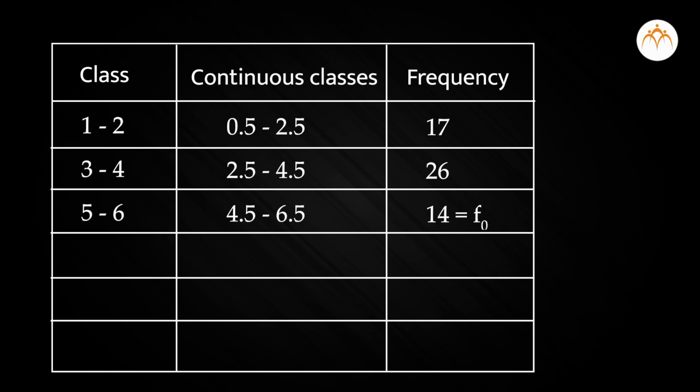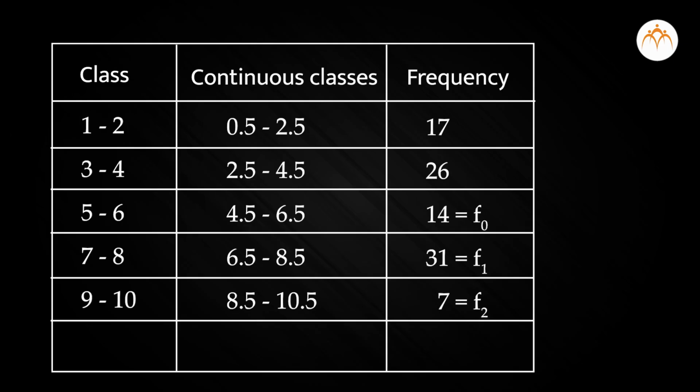This is F0. For class 7 to 8, continuous class is 6.5 to 8.5 and the frequency is 31. This is F1. For class 9 to 10, continuous class is 8.5 to 10.5, frequency is 7 and this is F2. For class 11 to 12, continuous class is 10.5 to 12.5 and the frequency is 5.